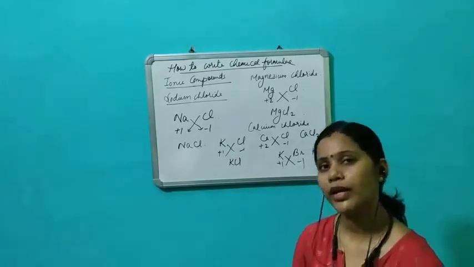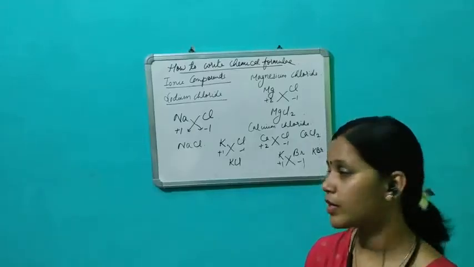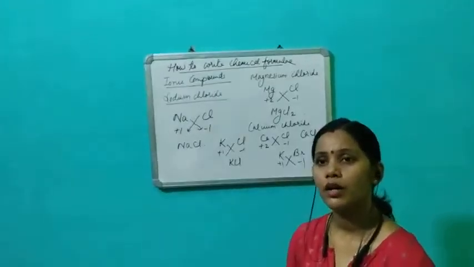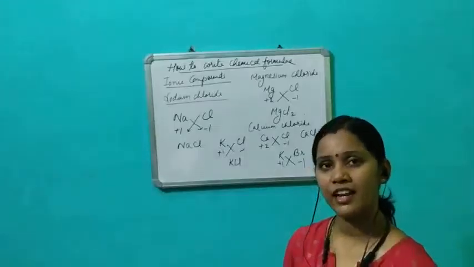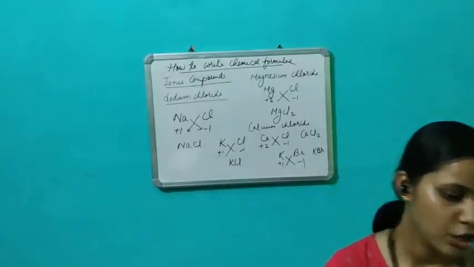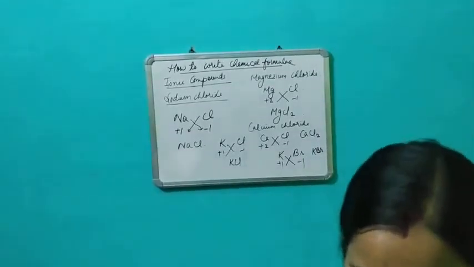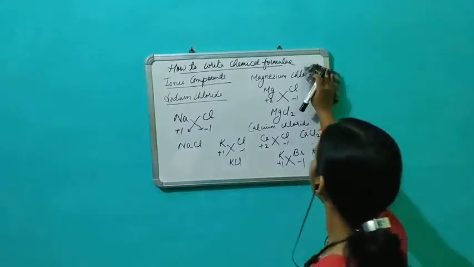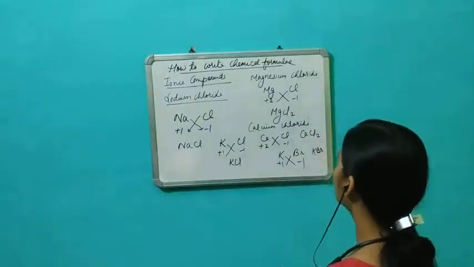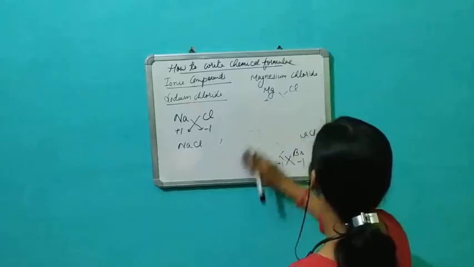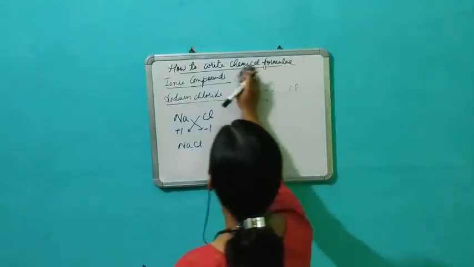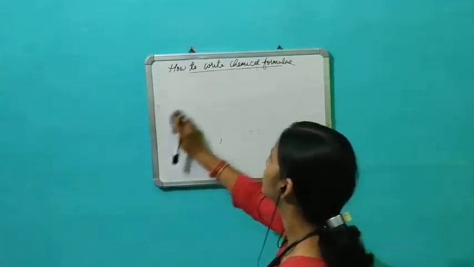Next, there are some polyatomic ions that we have discussed previously. So a group of ions, for example sulfate, carbonate, all these. So we'll see that also. You can take this screenshot, or you can simply note it down.